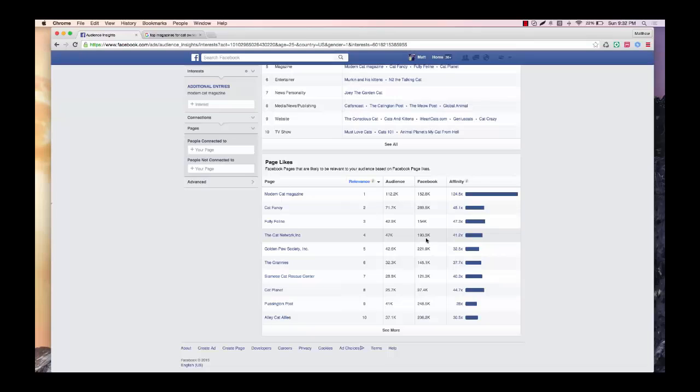And this is a great way for you to drill down and focus on a core group of people who are very, very affiliated with the niche, who have proven an interest with Modern Cat Magazine, which is a cat owner magazine, not a cat liker magazine. And we're going to get some great results with a strong offer here.